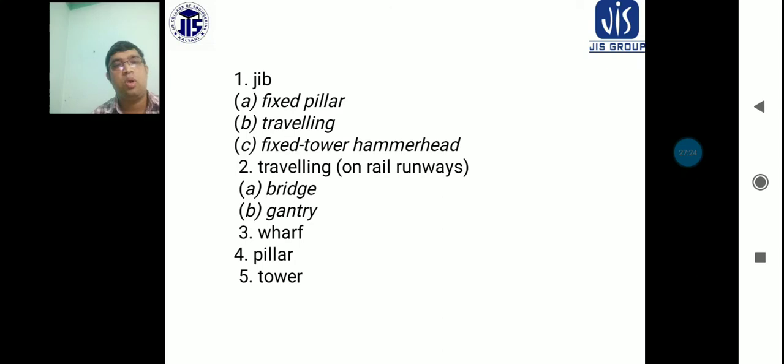And another one here is the wharf crane. Basically the wharf crane is used in different shipyard areas, and this will be placed on the bank of the sea or river.